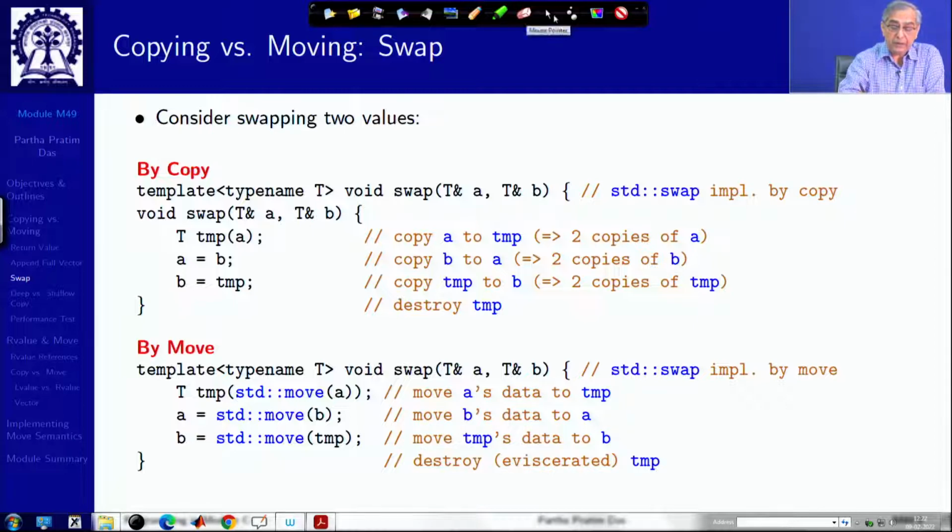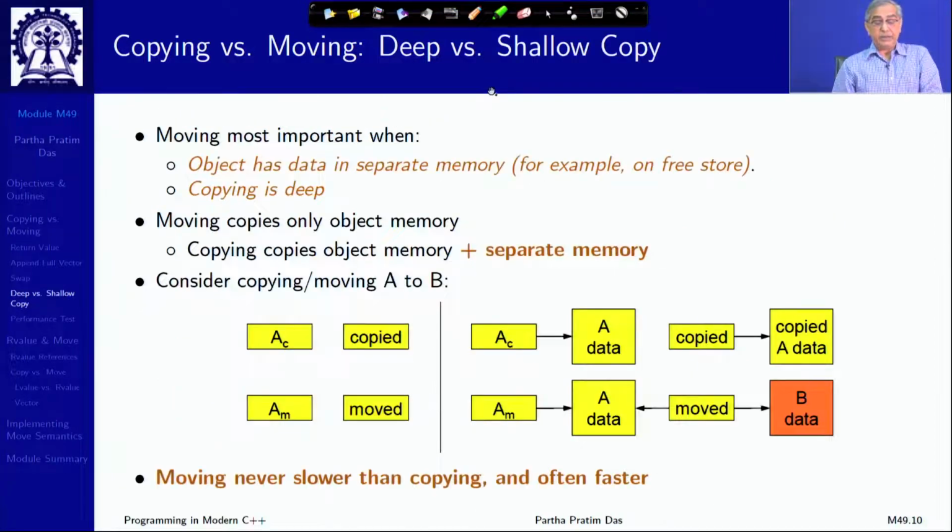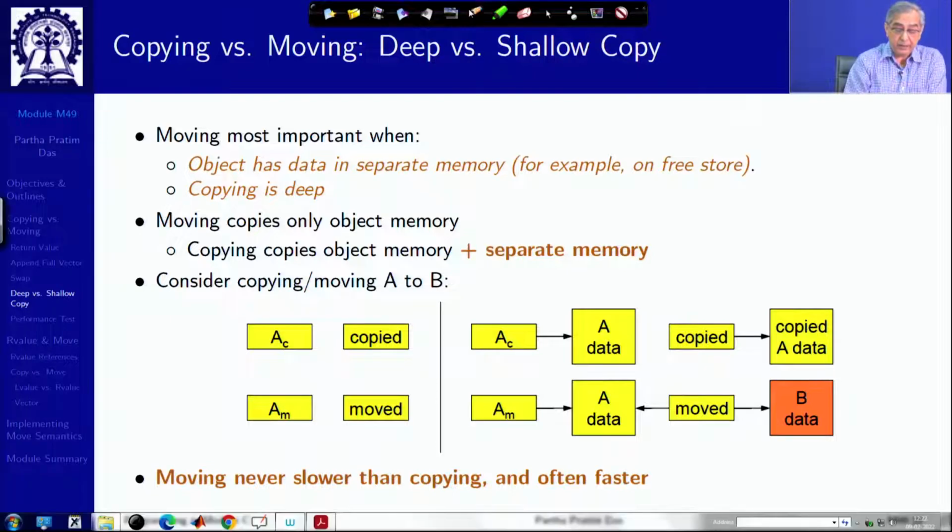So, copying versus move is a basic question, which is deep if we see the distinction between deep copy and shallow copy. Copy in our connotation is always deep copy, we have ensured that. So, if I have an object, then it is in memory and it has resources, like it is pointing to 10 different pointers to other objects.